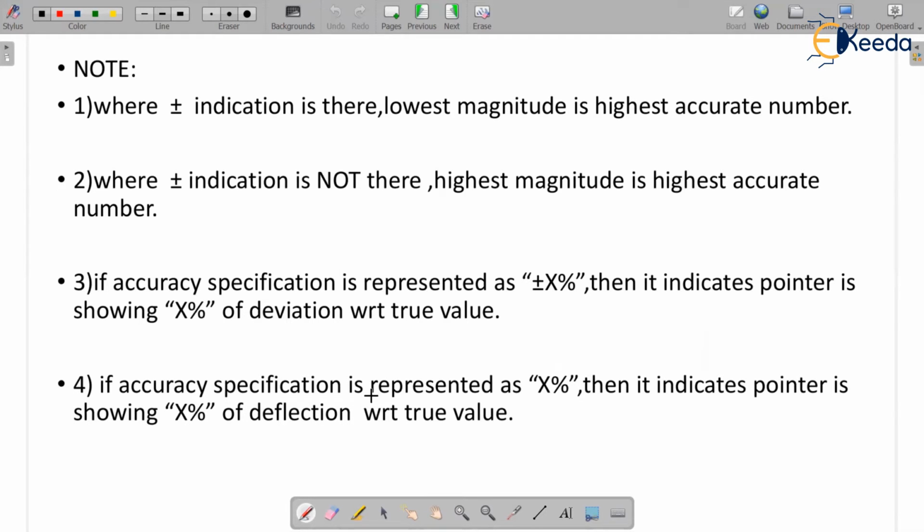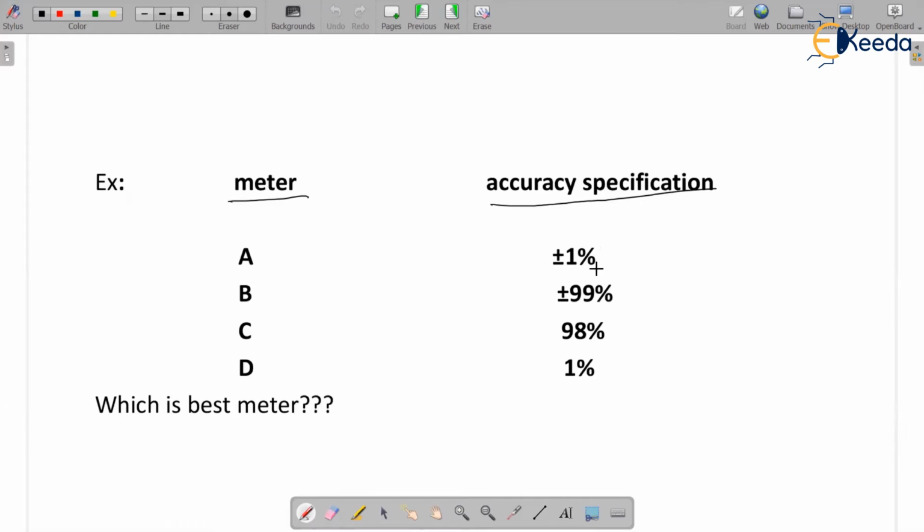If it is represented as x percentage, it indicates x percentage of deflection with respect to the true value. So these two are deviation and these two are deflection.